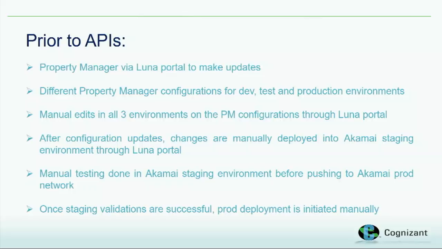So prior to using APIs, I think most of us would have been using Property Manager or Configuration Manager through the Luna portal, making changes in each of our configuration files. Typically, you would have 3 environments at least, for your dev, QA, and prod, right? So you would have 3 configuration files on Akamai as well, which you would have to manually edit each time.